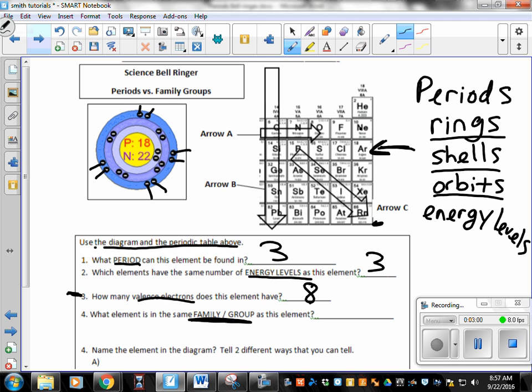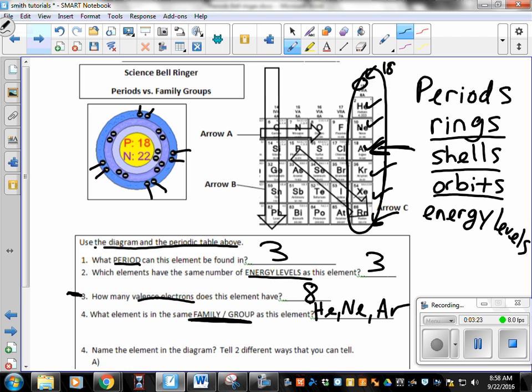Remember, 8 valence electrons is family group 18. That's the last family group on the periodic table. So what element is in the same group? We have helium here, neon, argon, krypton, xenon, radon. So all of those.